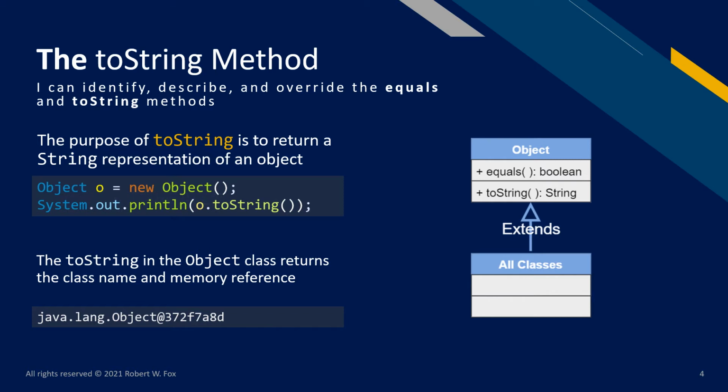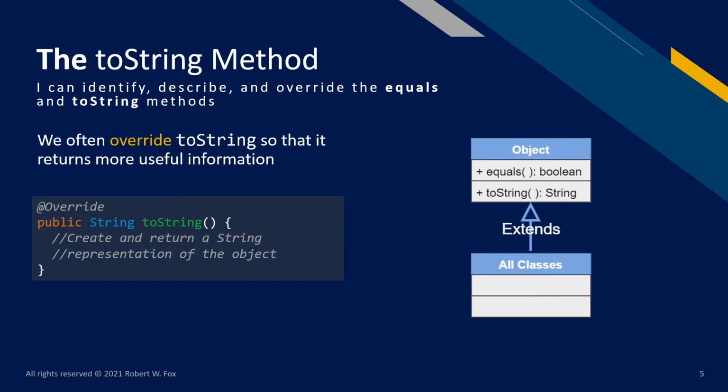Normally, when we make an object, we make a more specific type of object like a String or a Scanner, but you actually can just make a generic object. And to prove to you that the toString method exists in the Object class, I say println o.toString. And of course, we may remember that the toString method by default returns the class name and the memory reference that you can see right here.